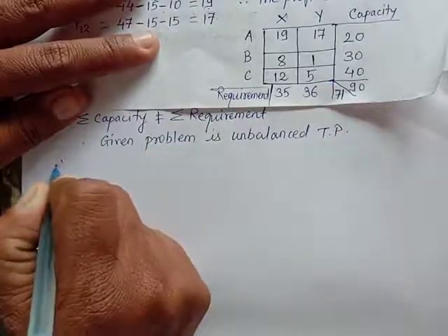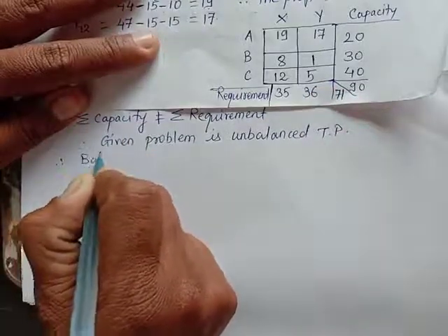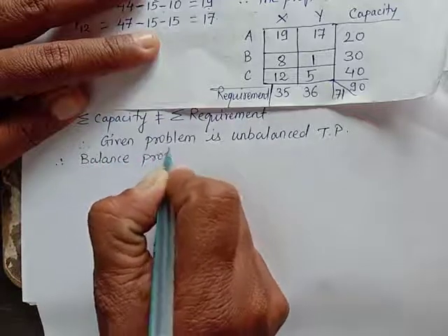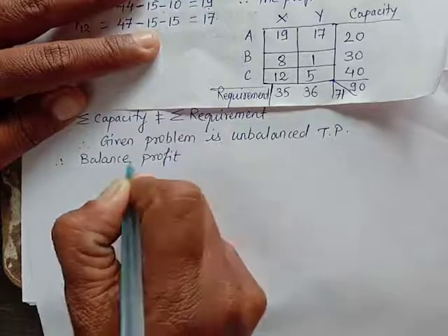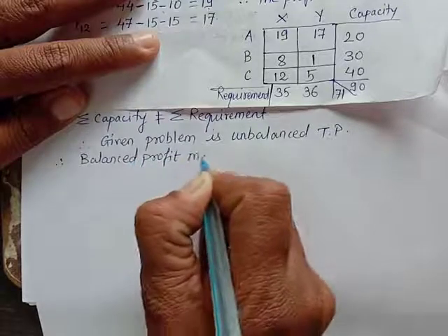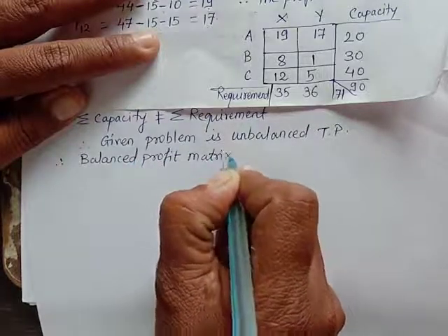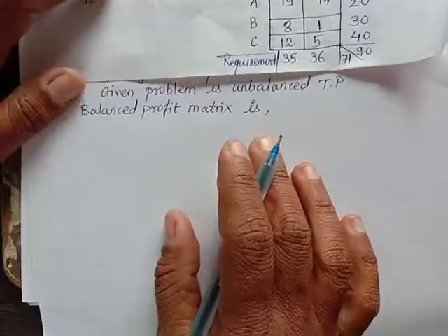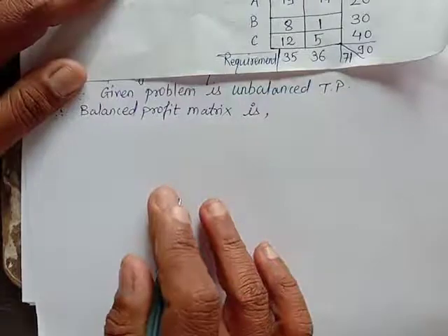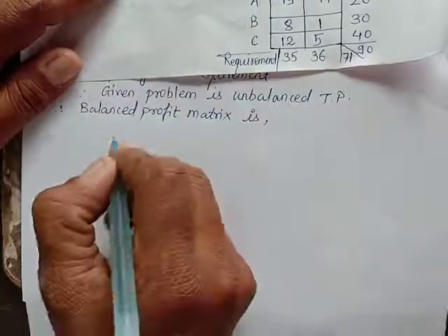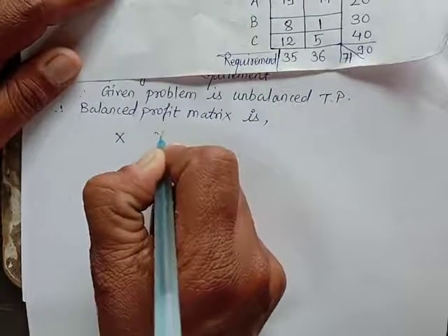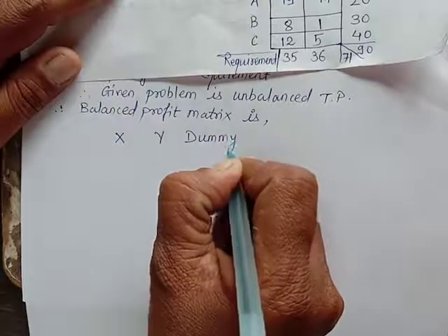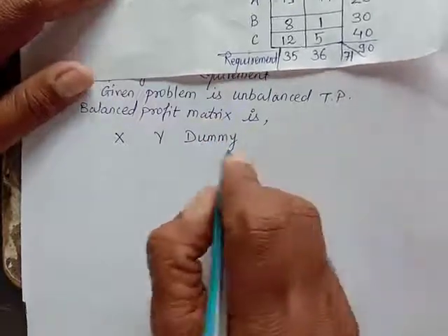Therefore, a balanced profit matrix is X, Y, then dummy, and here the capacities and all.